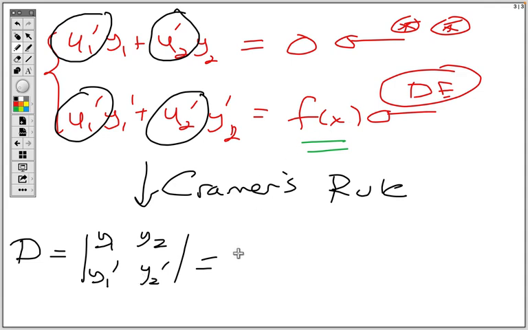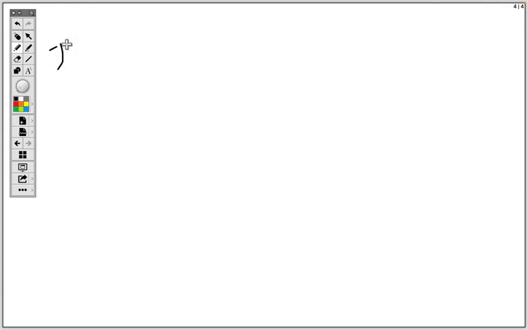We proved that if y1 and y2 are linearly independent solutions to a differential equation, then the Wronskian is either always 0 or it's never 0. And we would need it to be not 0 in order to use Cramer's rule. So that was our determinant D. And then we had two other determinants, a D1 and a D2.